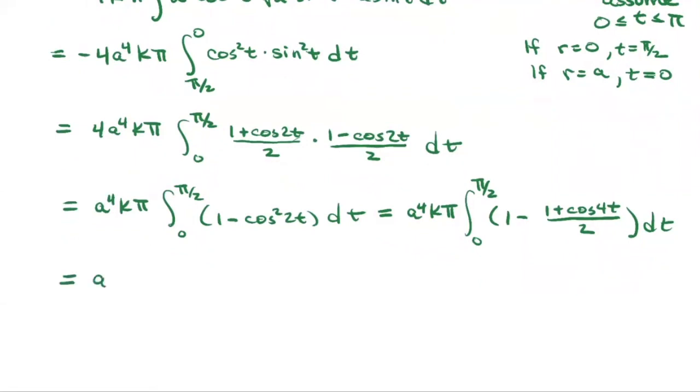So a to the 4th k pi integral 0 to pi over 2. It looks like we've got 1 minus a half, so that's just going to be a half minus 1/2 cos 4t.